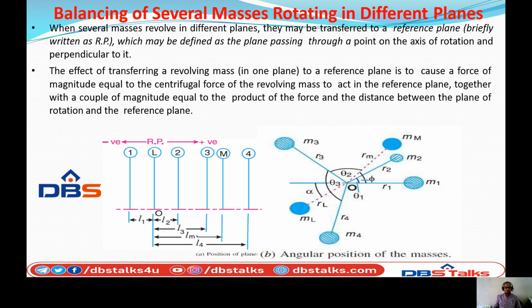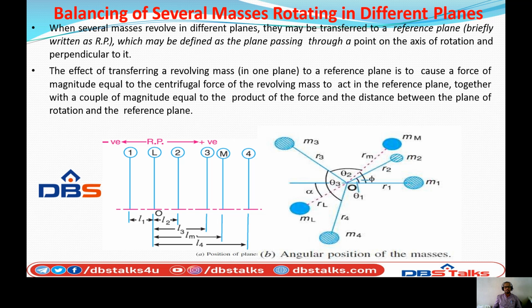So finally what we are calculating here is that the individual masses will be considered with reference to some other line or plane. Basically, in the previous model we were considering a reference plane within the masses of rotation.